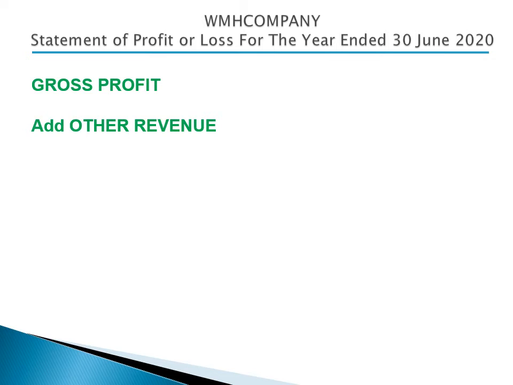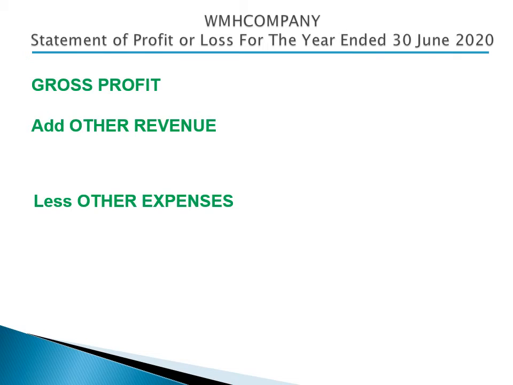Other revenue can be in terms of commissions, or rental received, or dividend, and so on. So these are other revenues other than the core business of your business.